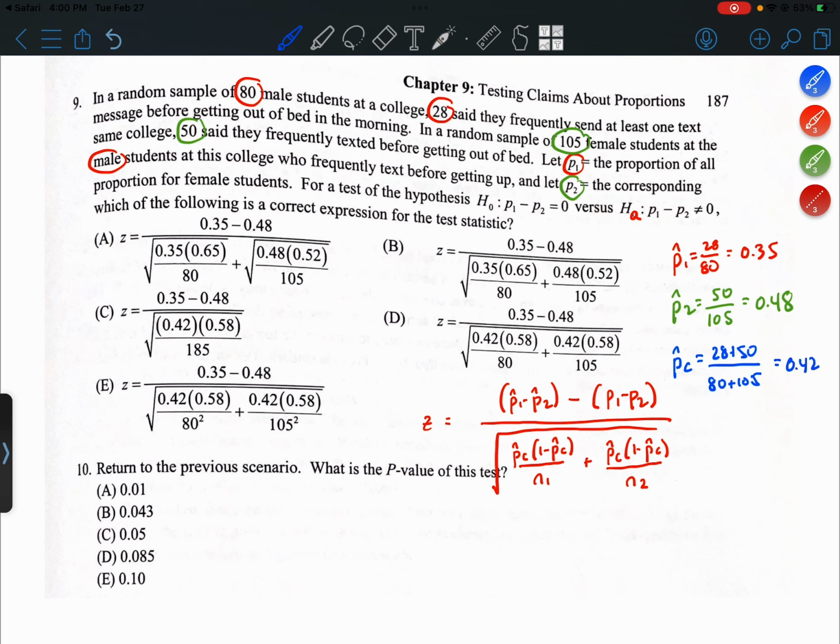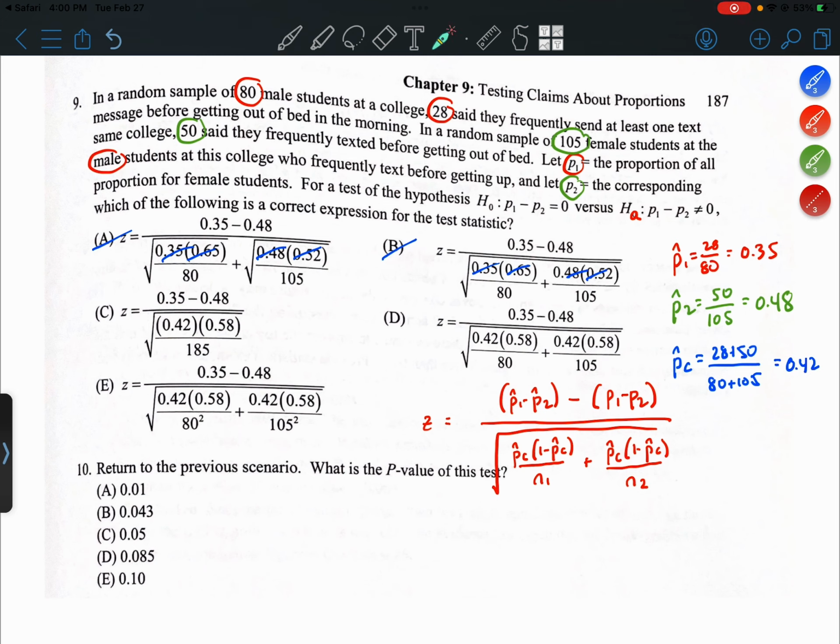0.42. Okay. So I know that the combined proportion is going to be used in the denominator, so I'm going to look for answer choices that have 0.42 in the denominator. Okay, so it's not choice B, it's not choice A. Okay, good.